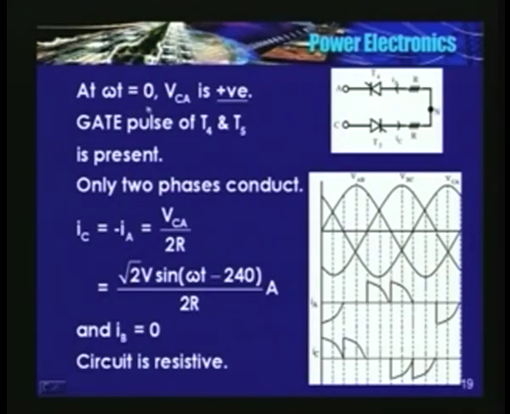At omega t equal to 0, VCA is positive and gate pulses for T4 and T5 are present. T5 is connected in this manner, T4 is connected in this manner. With a resistive load, current can flow in this direction because VCA is positive.